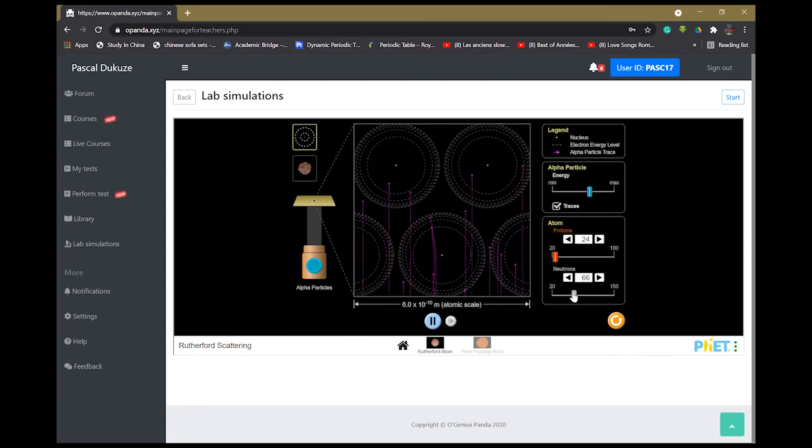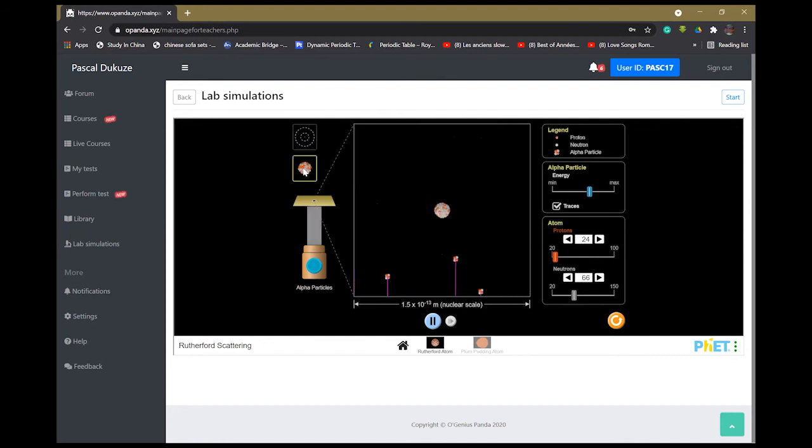Even that will have an effect on the degree of deflection. But before we go deep into the effects of changing the mass and the charge, let's analyze why we are observing these deflections.